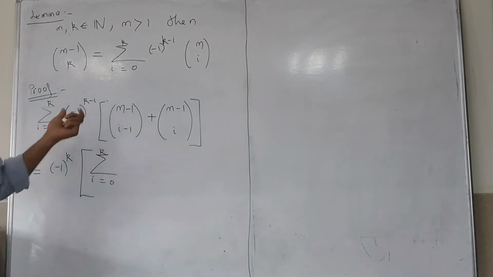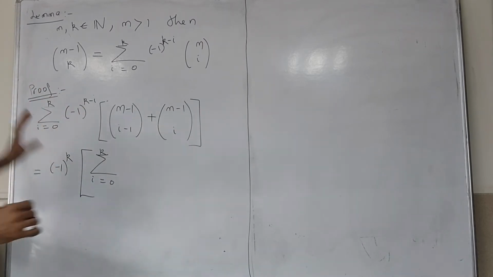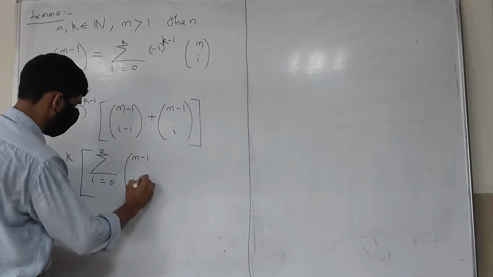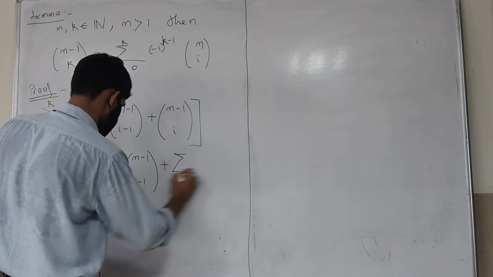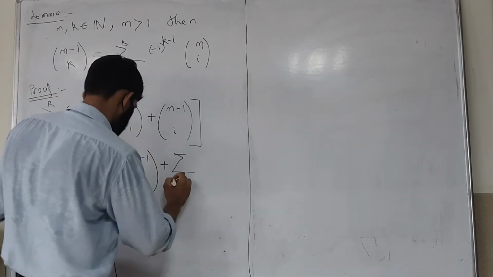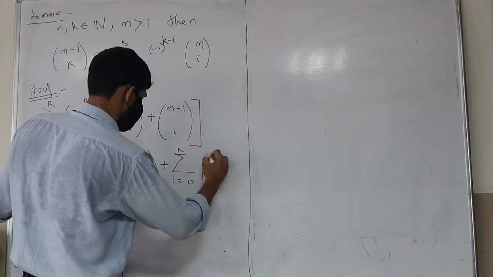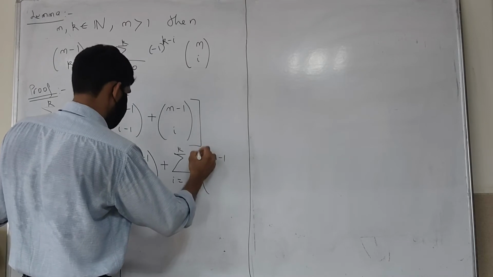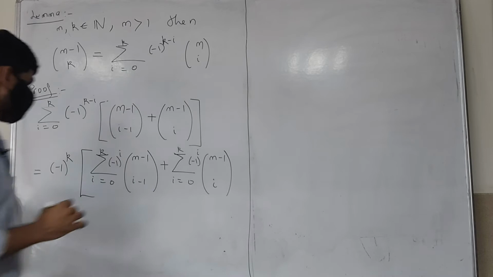We know that minus 1 raised to minus i and minus 1 raised to i are the same. So this will give us (m minus 1) C (i minus 1) plus the summation of minus 1 raised to i, i going from 0 to k, (m minus 1) C i.